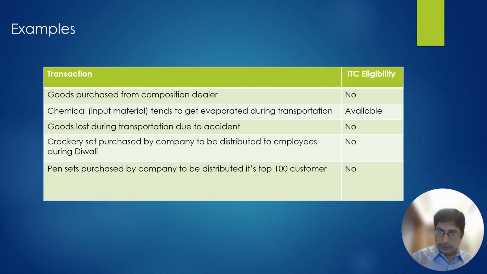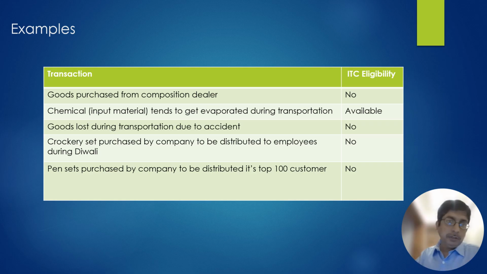So GST credit is not to be reversed. There was a case law in the old regime. The Madras High Court in R Steels Limited held that when the chemical evaporates in the normal course, GST credit is not to be reversed. Okay, it's available.